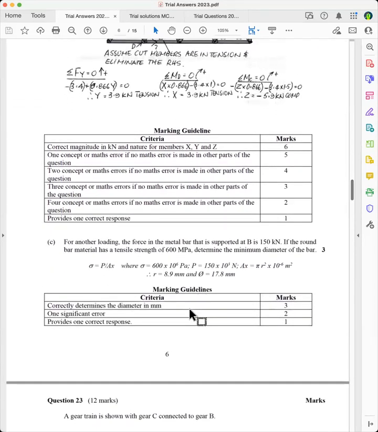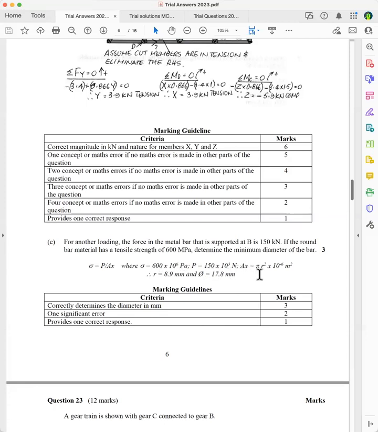For another loading, this is E. For another loading, the force in the metal bar that is supported at B is 150 kilonewtons. If the round bar material has a tensile strength of 600 megapascals, determine the minimum diameter of the bar. Read it twice, put the appropriate formula down, put all the data down, and then just substitute it in the equation.